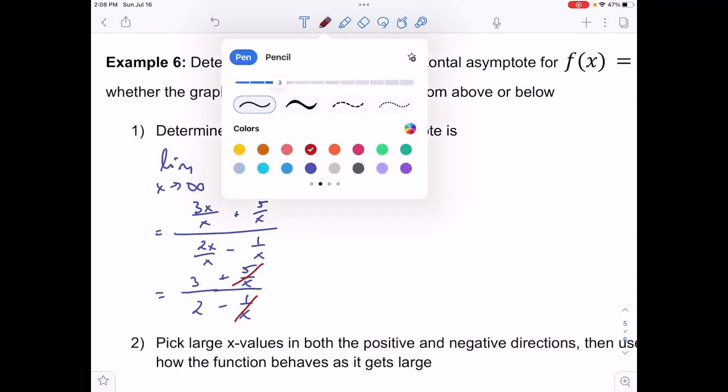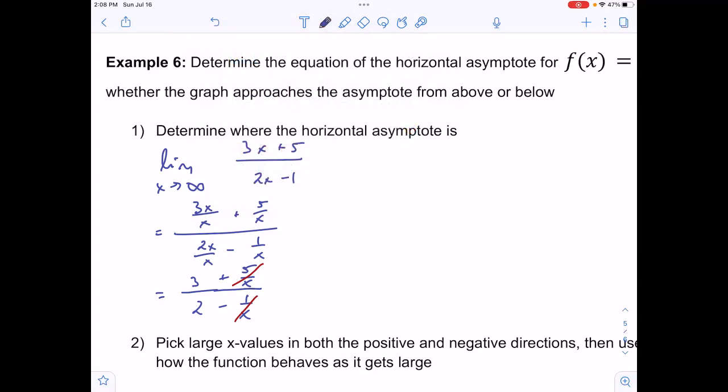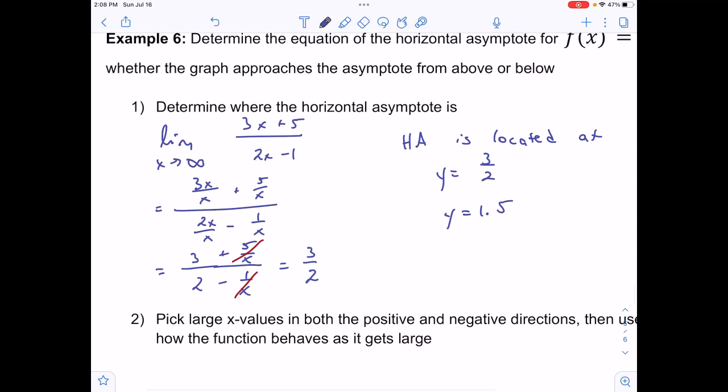And so in this case, the limit, I'm just going to write it down here, is 3 over 2. This is where our horizontal asymptote is. Our horizontal asymptote is located at y equals 3 over 2. 3 over 2 is 1.5. And I'm using the decimals because we're working in decimals for the remainder of this question.